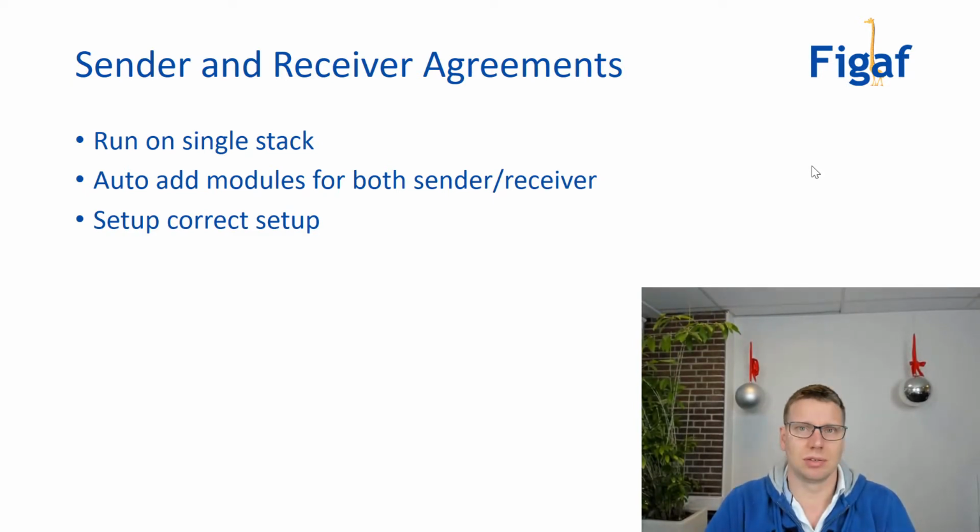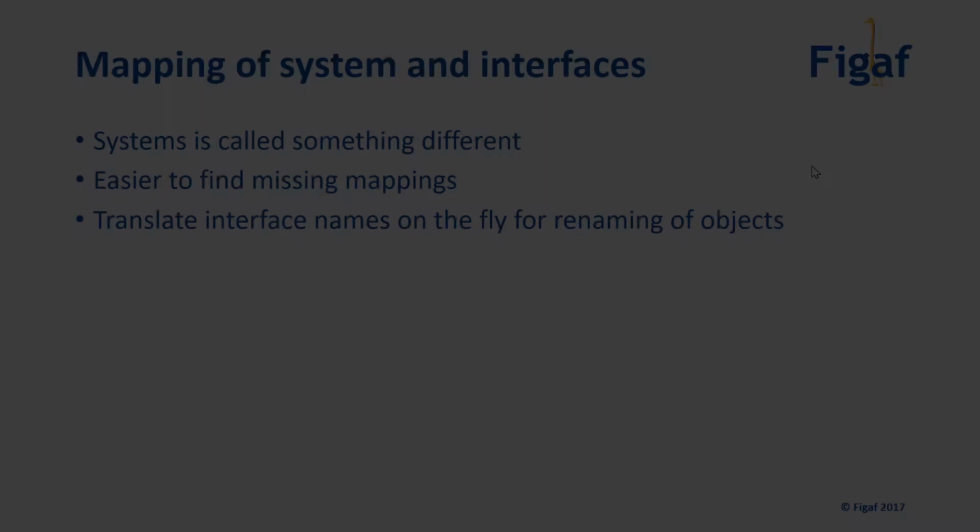There's no different way of using this. You simply select the same IQ you want to test with, collect the data as you want, and then it will automatically discover that there are receiver agreements, add modules for it, and then you'll do the testing with those modules. So it's really smooth, and it seems to be working pretty well.